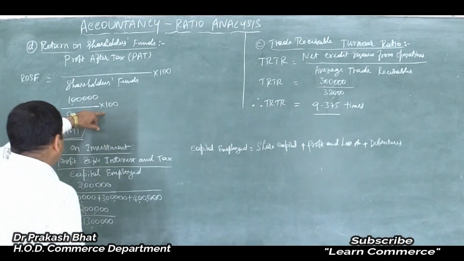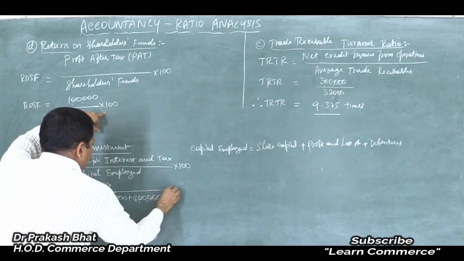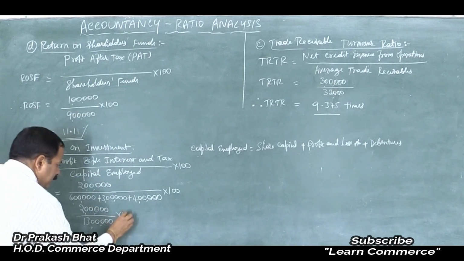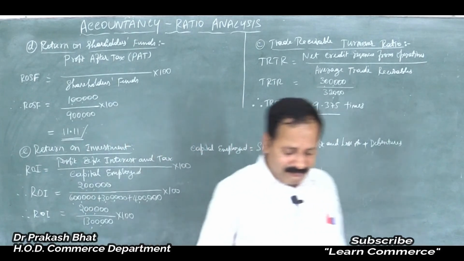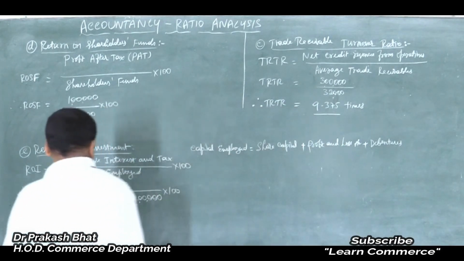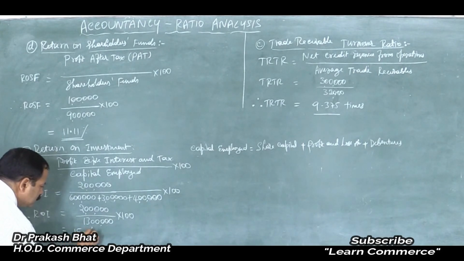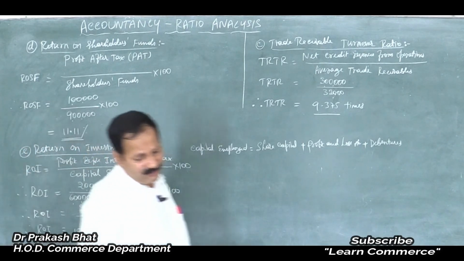Into 100, remember, don't forget to write this. So it is 15.38 percent, because it is multiplied by 100. Therefore ROI is equal to 15.38.